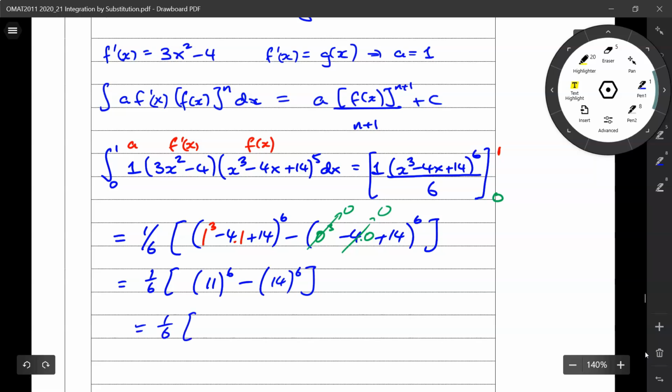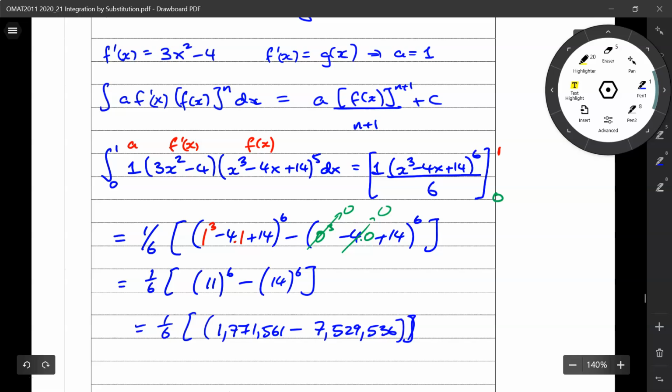So if we evaluate this, you get some very large numbers. 11 to the power of 6 is 1,771,561. And 14 to the power of 6 is a much larger number. It's 7,529,536.